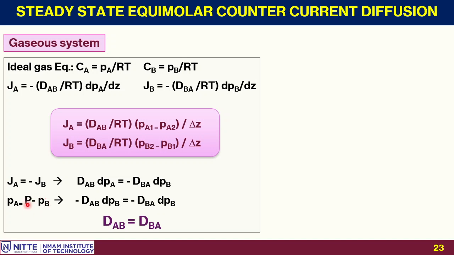Differential of total pressure will be equal to 0 because P is a constant value. So dPA will be equal to minus dPB, which I have incorporated here. dPA is equal to minus dPB. So when you simplify this, you end up with DAB is equal to DBA. So this is true for an ideal gas or gaseous system.